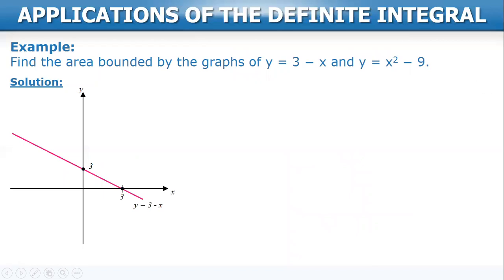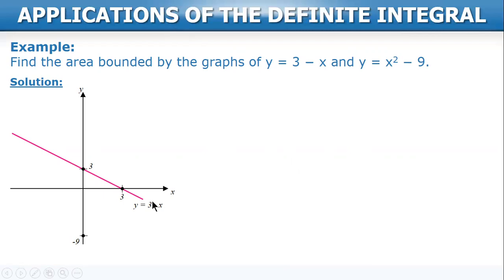The second one is a parabola. So when x is 0, y equals negative 9 here. And when y is 0, x squared equals 9. So x squared equals 9. You solve for x, square root of 9, plus and minus 3.